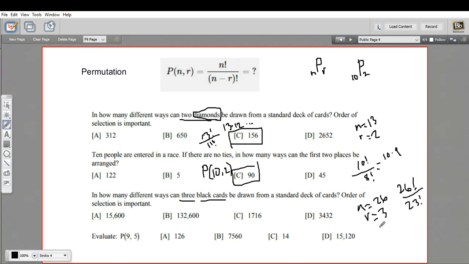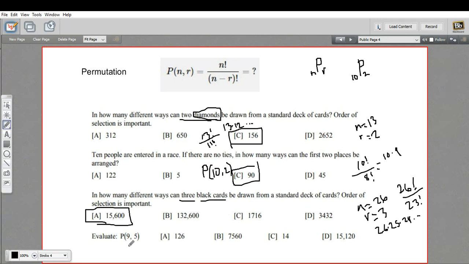So this is really 26 times 25 times 24, and then everything that comes after will cancel out. So let's multiply 26 times 25 times 24, and I'm getting 15,600. That's a lot of different ways to choose 3 black cards from a deck.